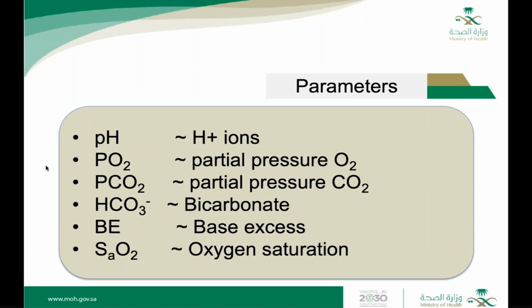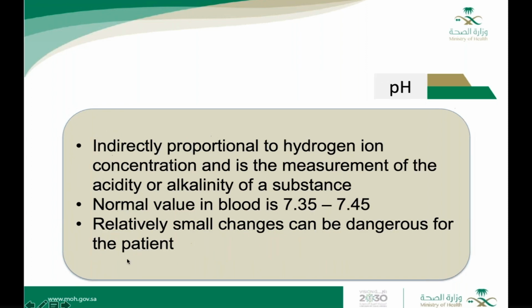So there are parameters that we have to check in the ABG. We have pH, PO2, PCO2, bicarbonate or HCO3, base excess, and finally SaO2 or oxygen saturation. So pH has an indirect proportion to the hydrogen ion concentration.